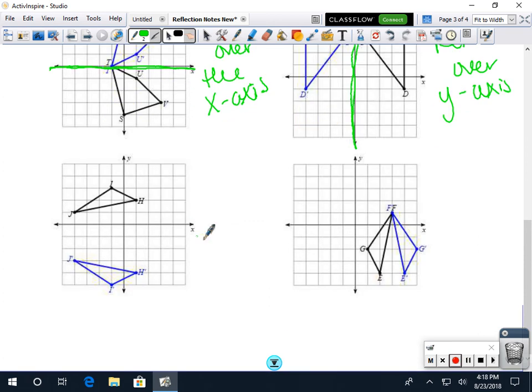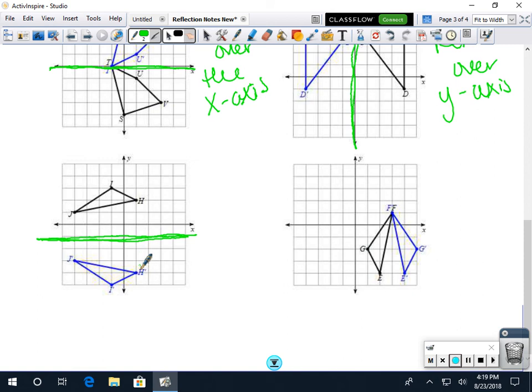So looking at them, we have to count the distance between the points to see what is in the middle. From J to J prime, I see that I have 4 spaces. So halfway between these would be this line right here. And I can check it. H is 3 spaces away.